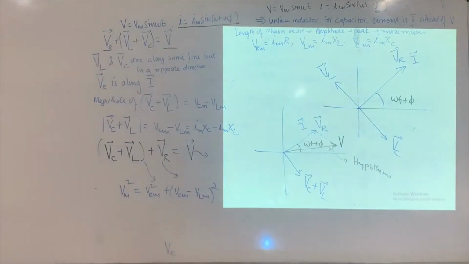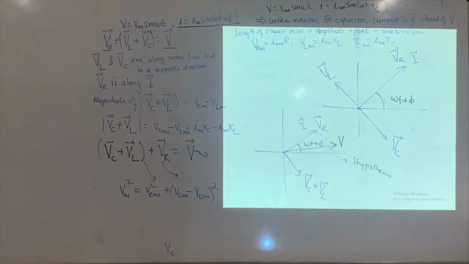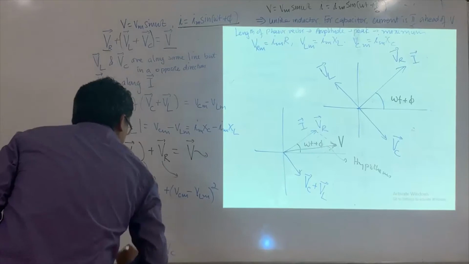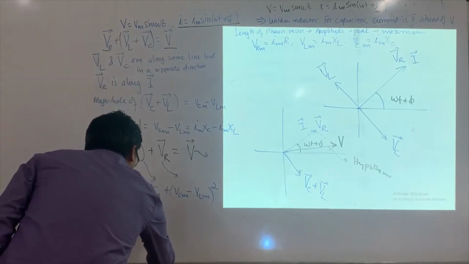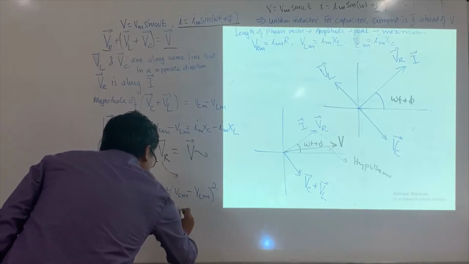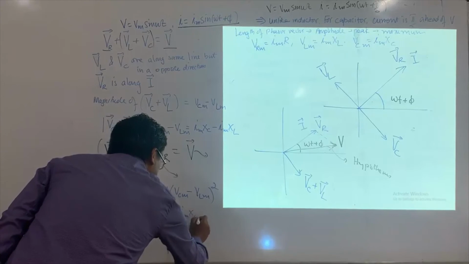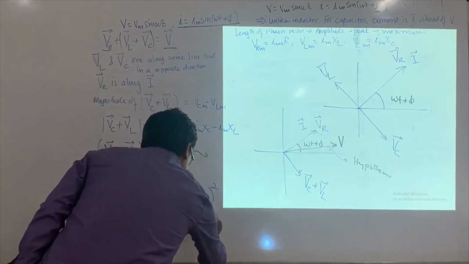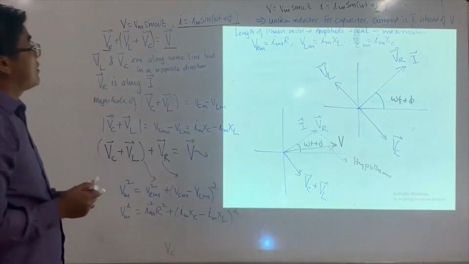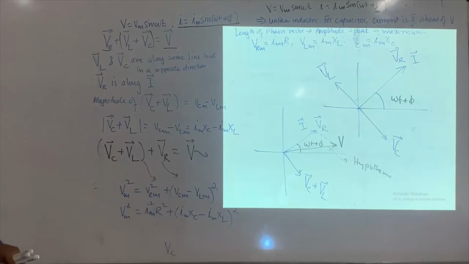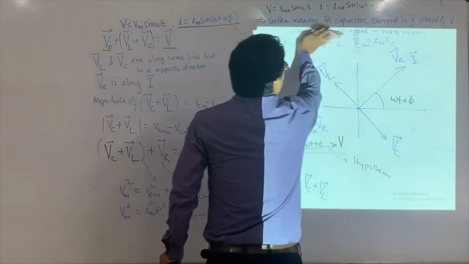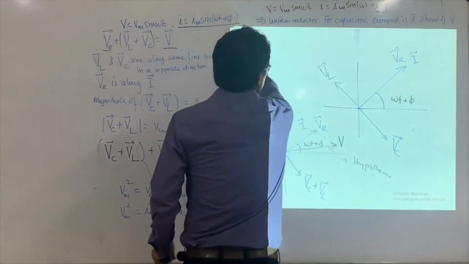This is the magnitude. So now substituting, VRm is Im R, plus Im XC minus Im XL, whole squared. Now let me solve these equations.